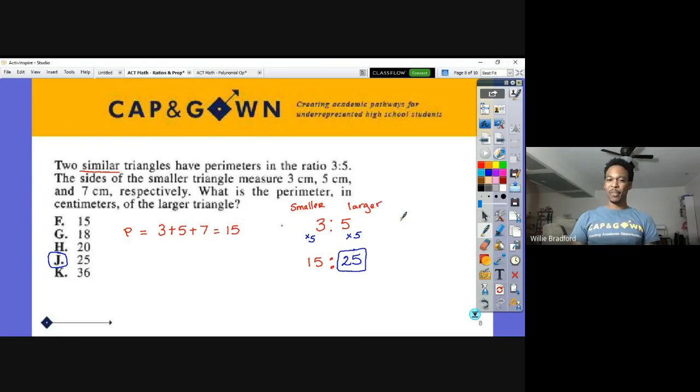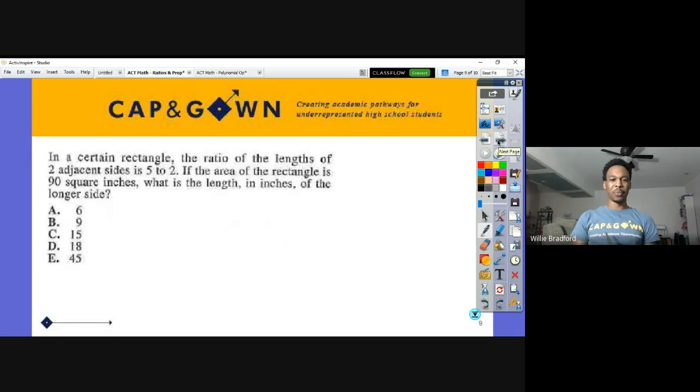All right, hopefully everybody saw that. Now let's take a look at one more. This one's a little bit different, and I'm going to take a little bit different approach. In a certain rectangle, the ratio of the lengths of two adjacent sides is 5 to 2. So I'm going to draw that.